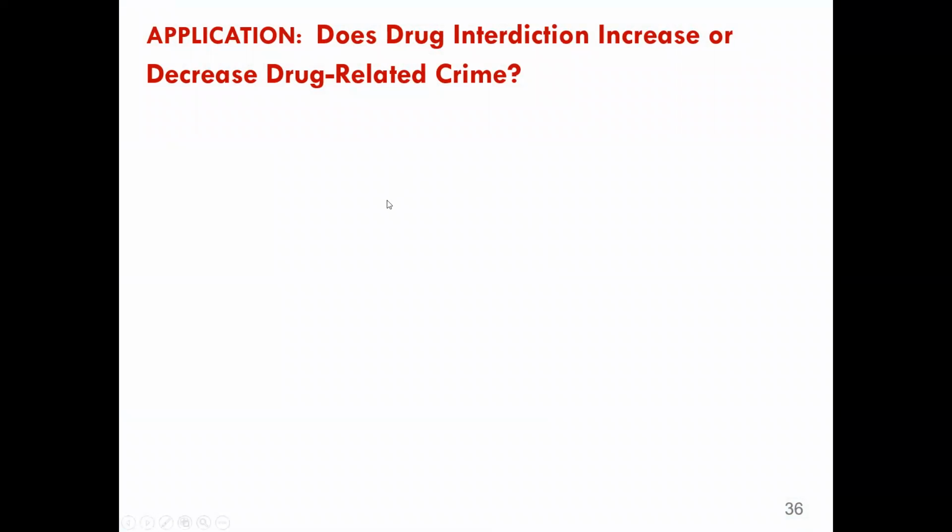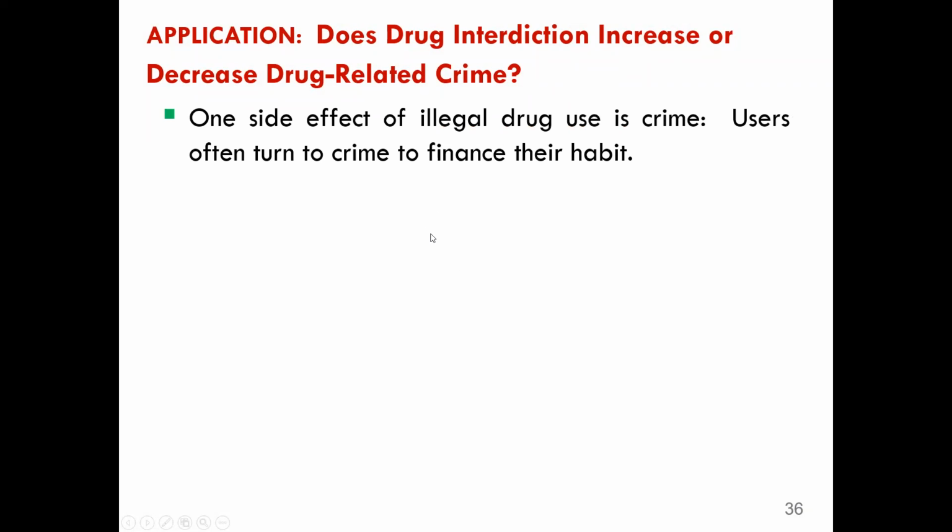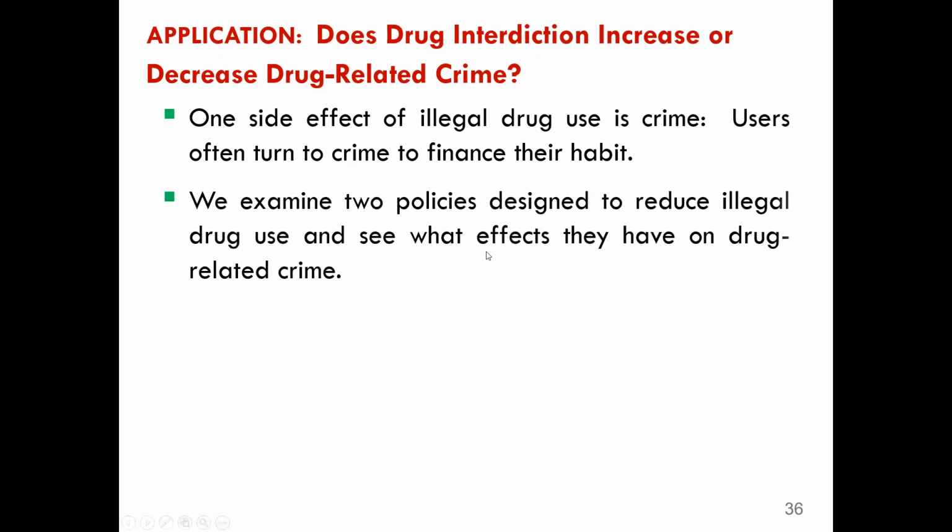Now let's look at an application of the price elasticity of demand. In this case, we are looking at the issue of drug interdiction, and we want to know whether drug interdiction increases or decreases drug-related crime. One side effect of illegal drug use is crime, and users often turn to crime to finance their habit.